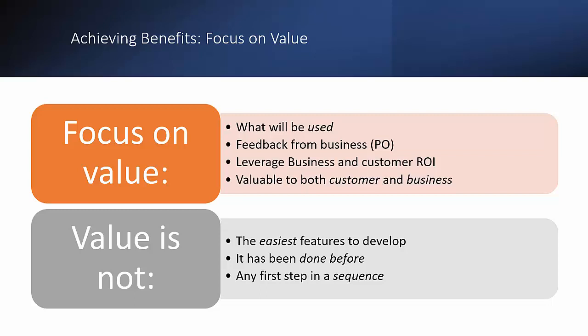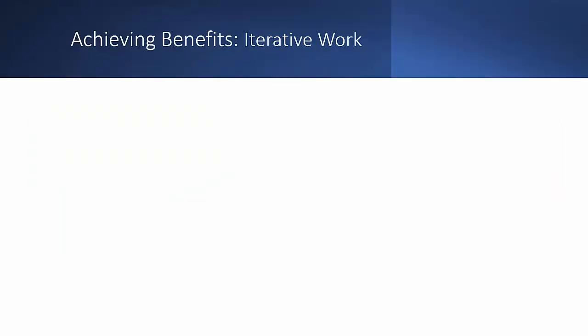So these are the key objectives of focusing on value. And of course, value is therefore not doing the easiest things first, and it's not just doing whatever we've done in the previous projects or just any old sequence as long as we've started, right? So focusing on value, one of the key benefits of agility.